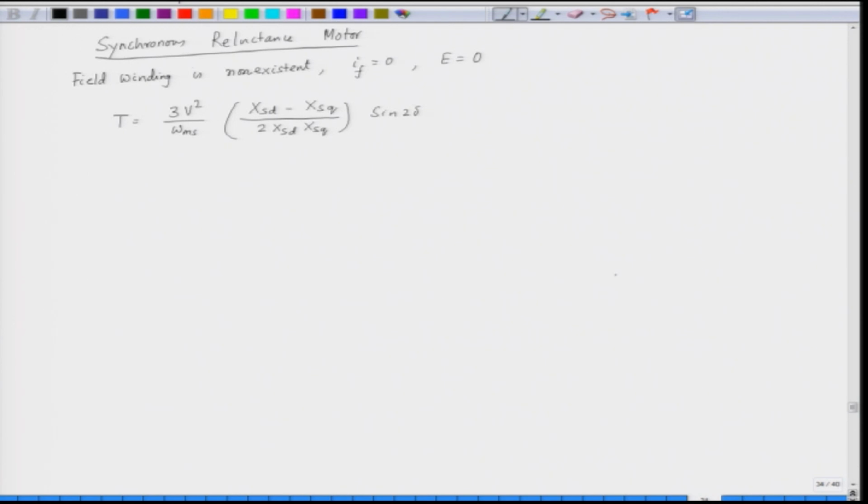So, the torque does not depend upon the field, because the field has been removed, field current equal to 0. So, torque is a function of the applied voltage, the stator applied voltage, that is V square, and it is a function of sine 2 delta. It varies as sine 2 delta.